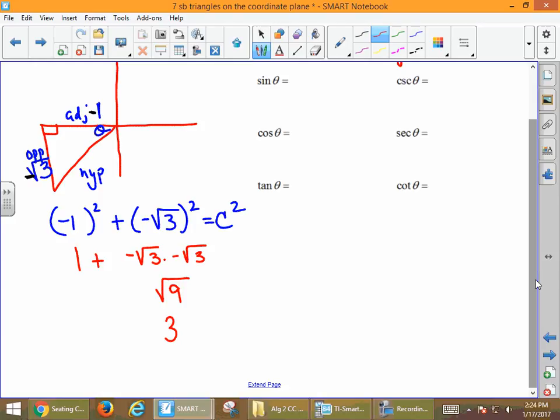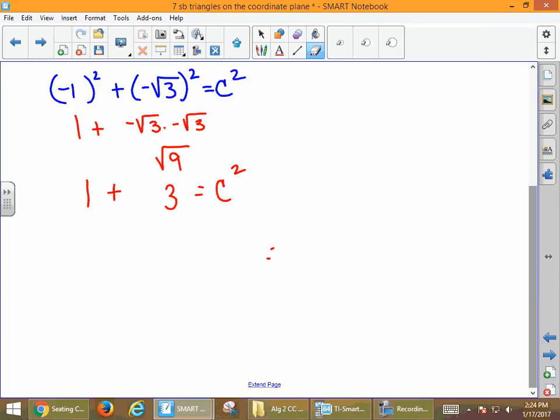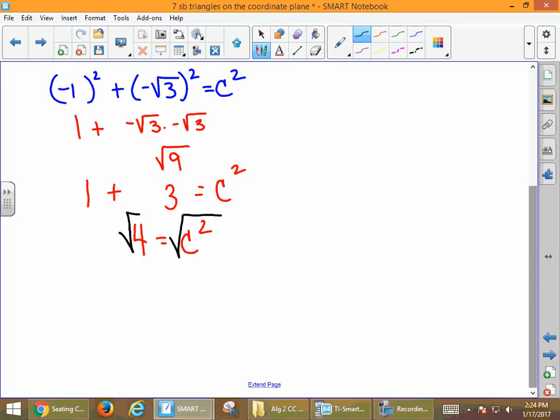So this is really 1 plus 3 again equals c squared. 1 plus 3 is 4. We can take the square root of both sides. So c equals 2.